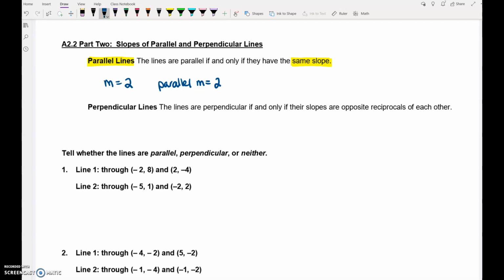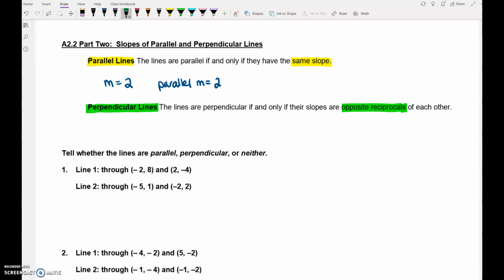Perpendicular lines, their slopes are opposite reciprocals of each other. Opposite reciprocals means one of them must be positive, the other must be negative. And reciprocal means you take the fraction and you flip it.